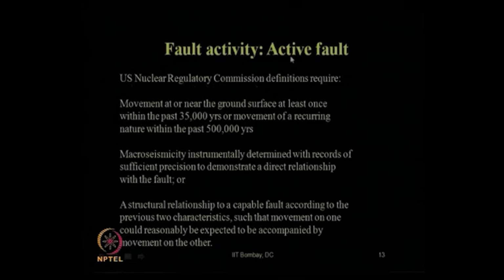They define an active fault as one with movement at or near the ground surface at least once in the past 35,000 years, or movement of a recurring nature within the past 500,000 years.